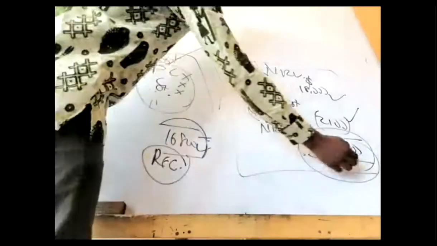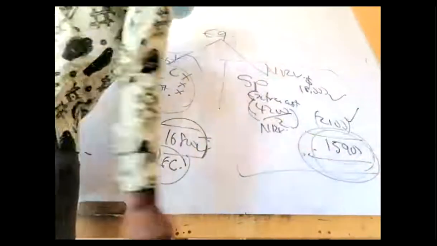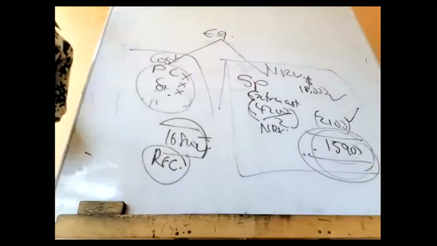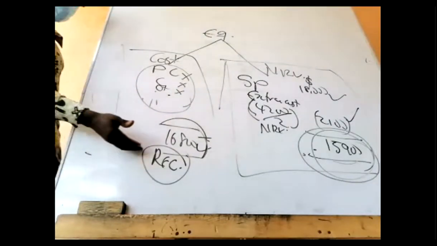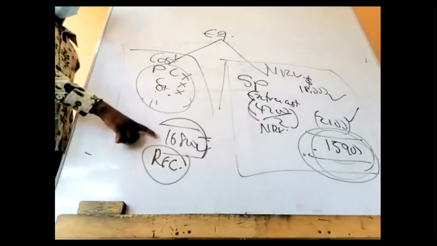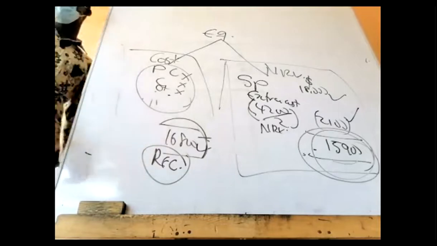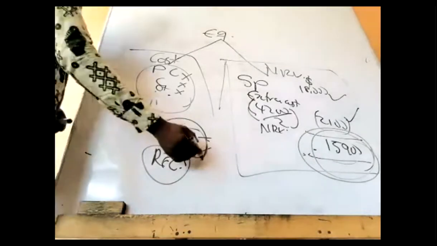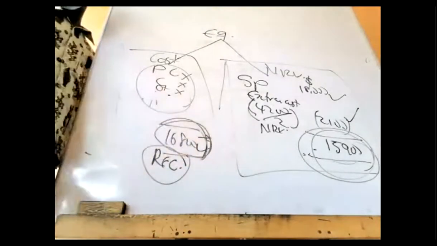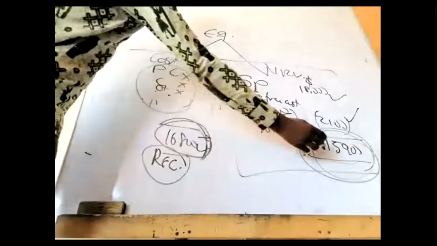What about this? Not recorded, yet to be recorded. So the NRV is yet to be recorded. And if you recorded the cost, that means you need to perform some adjustment at the end of the day to convert this 16,800 to what? To 15,900.